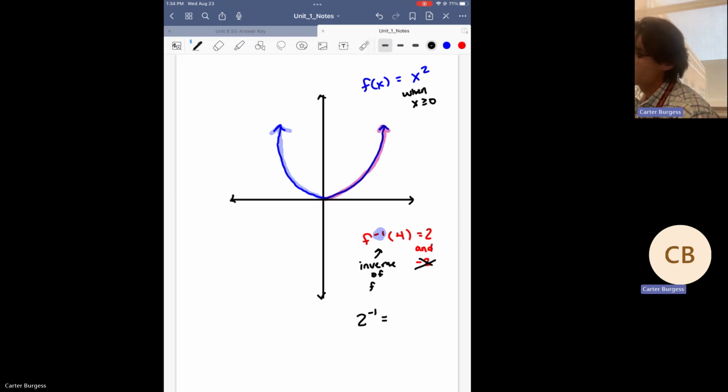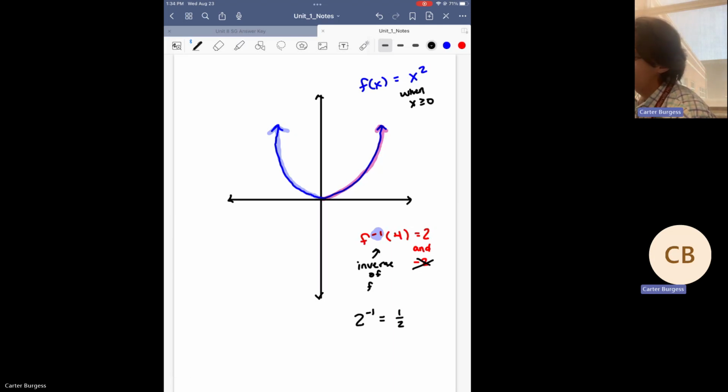It takes the reciprocal, okay? So I want to be very, very clear here. When we see this notation, f to the -1, we are not looking at 1 over f of x. This is not what we are looking at. We are instead taking the inverse of f. And you don't have to do anything with it. We're just saying that it's the inverse function.